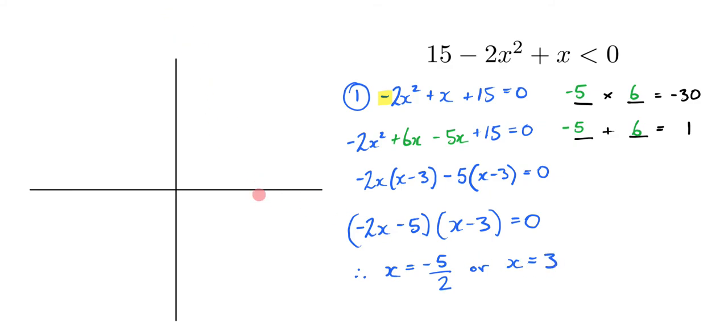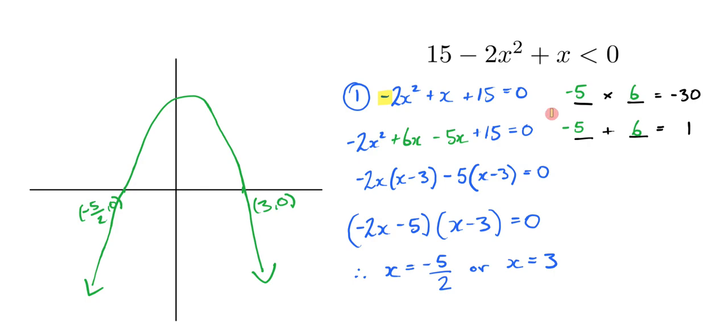So now I will have a 3 here, a 3 and a 0, and over here I'm going to have negative 5 on 2 and 0. As I said before, this is an upside down parabola, so it's going to look like this.